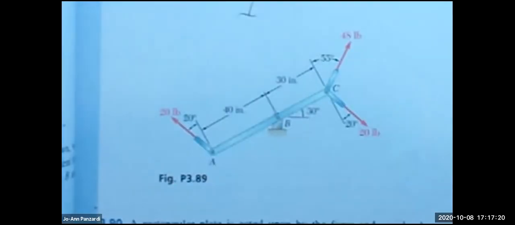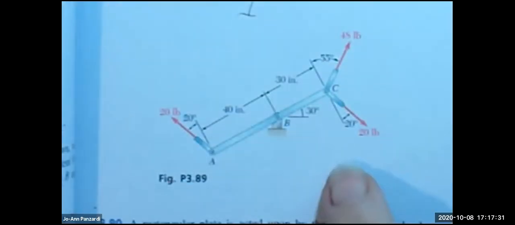Do you see any couples? Wait. Couples, remember, are two forces, same magnitude, opposite in direction. Look closer. I'm looking at 89. If A and C, you have a 20-pound. Right. You guys, this is awesome. There's a 20-pound couple here.